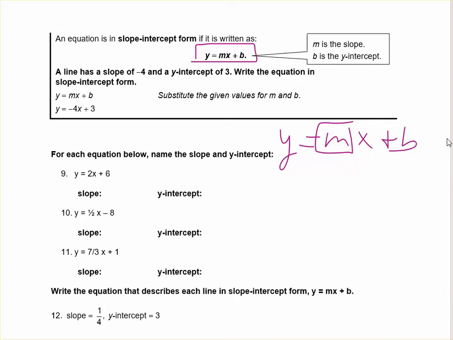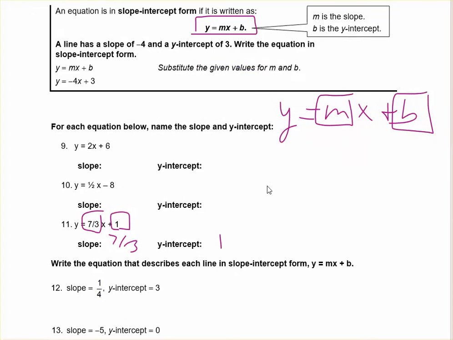We use m to stand for that. And the y-intercept is added or subtracted from the end. So all you have to do is find the slope and then write it down here. And then look for the y-intercept and write it here. If it's minus at the end, then that's a negative y-intercept.